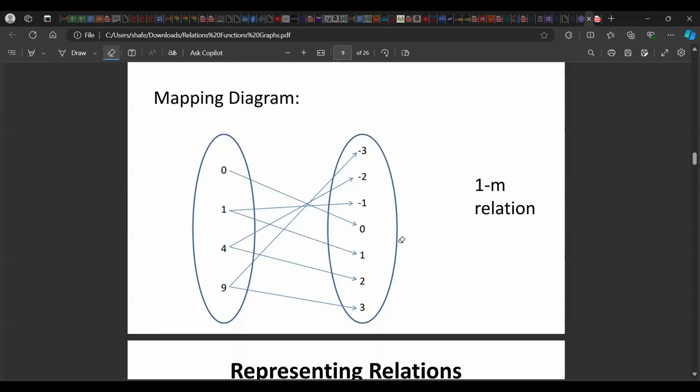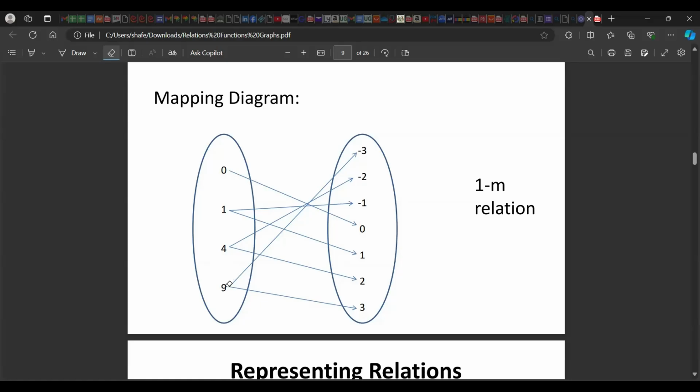So here you're seeing some chaos. But if you observe here, this is very different from the rest. You're seeing 2 arrows sometimes leaving a member of the domain, right? Same thing here, 2 arrows leaving this one, 4.